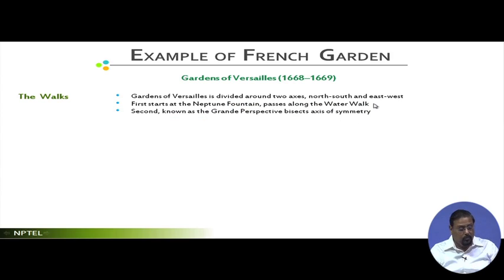So it is a cruciform that they got. The first starts with the Neptune fountain and passes along the water walk. This is how the whole walk is planned. And the second, known as the grand perspective, bisects the axis of symmetry. That means, let us conclude at this particular point. The French landscape establishes the symmetry. It establishes the central axis and the cross axis, or rather the biaxial layout.